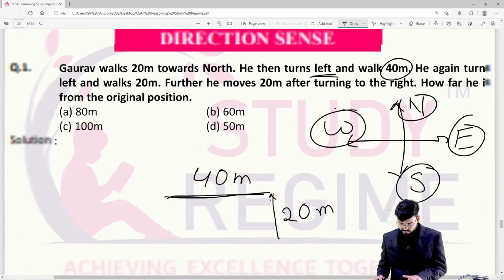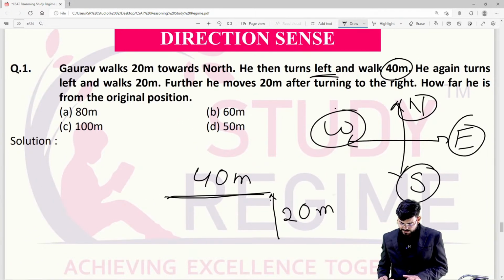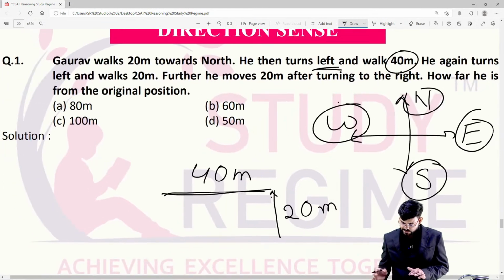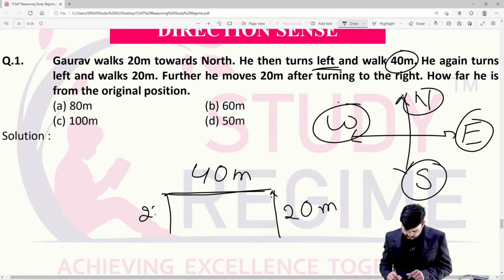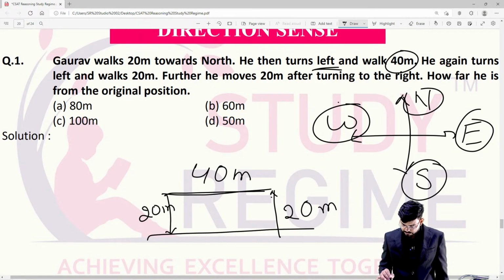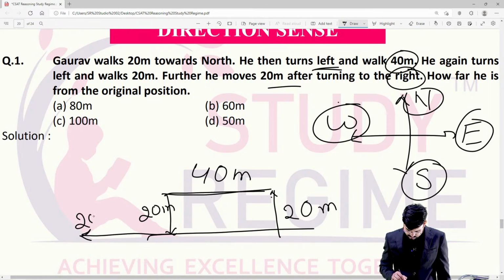Clear? Again, he turns left and walks 20 meter. Now he is facing here. Further he moves 20 meter after turning to right.